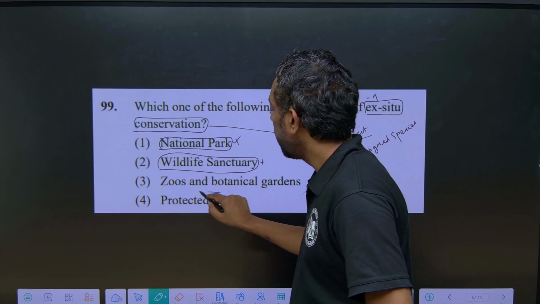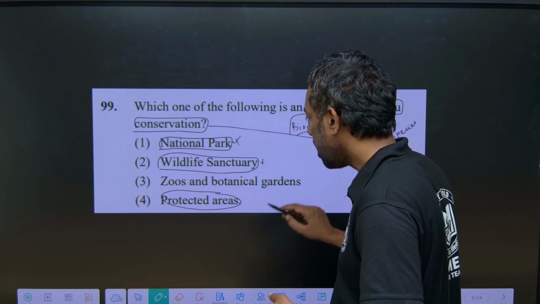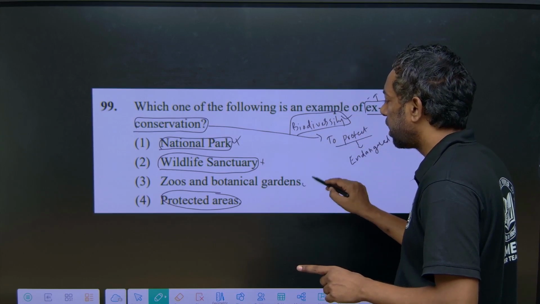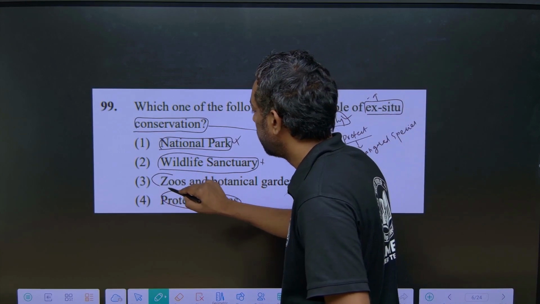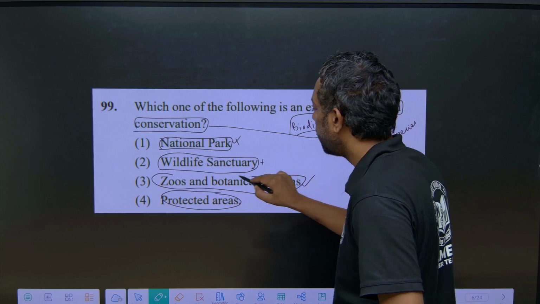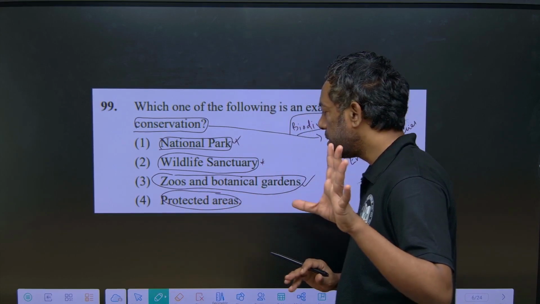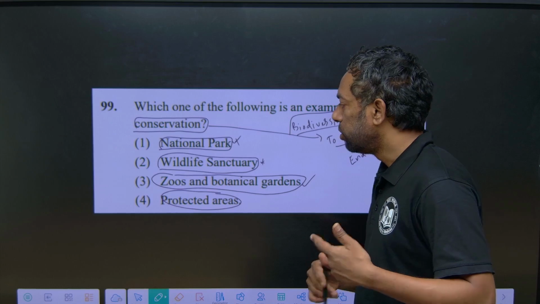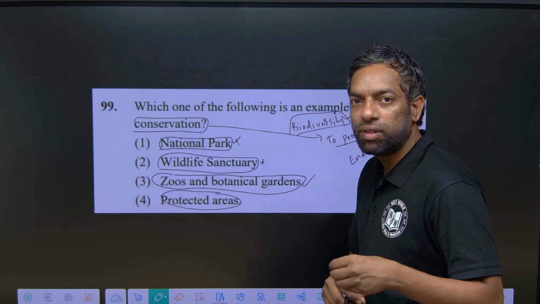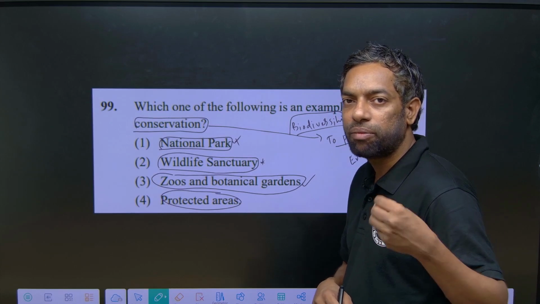Protected areas, obviously. And zoos and botanical gardens is the answer, guys. This is the artificial method; these others are natural. In zoos they can conserve different species from different areas.